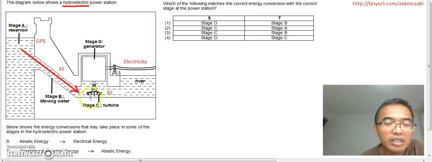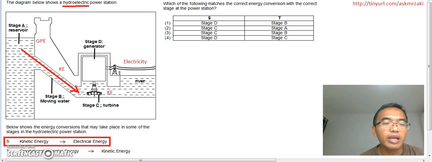The turbine transfers the kinetic energy into the generator, and the generator turns and turns and turns, and electricity is produced. So electrical energy there. Now this is what we know.